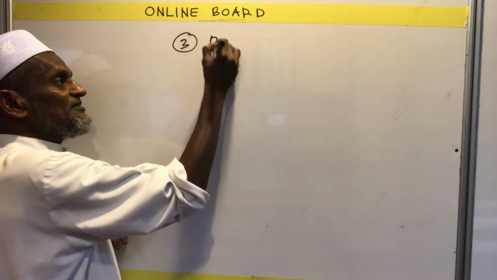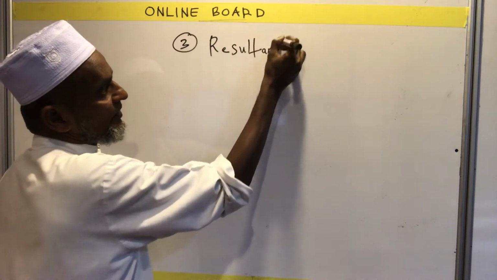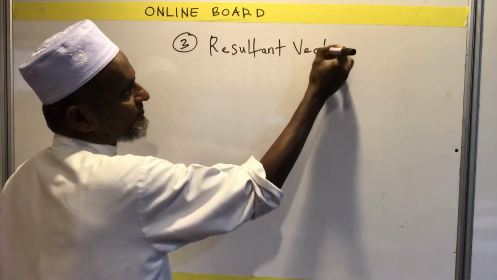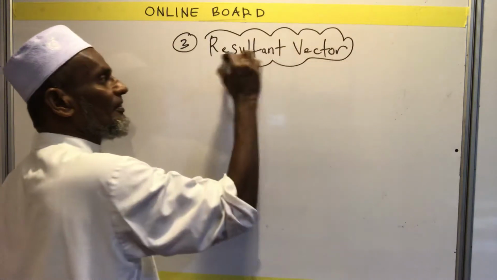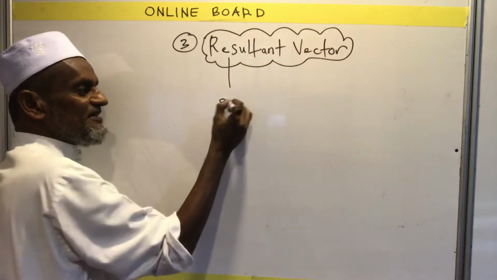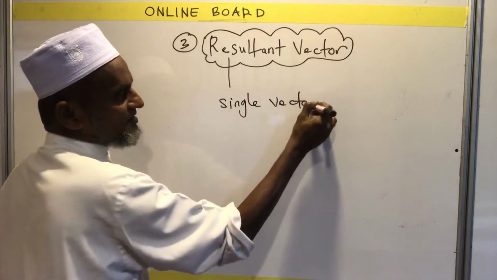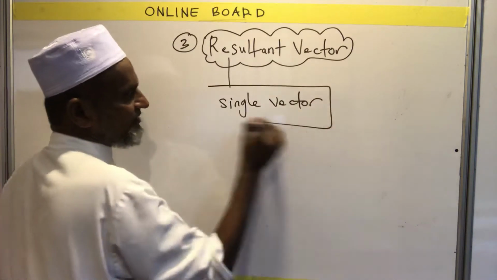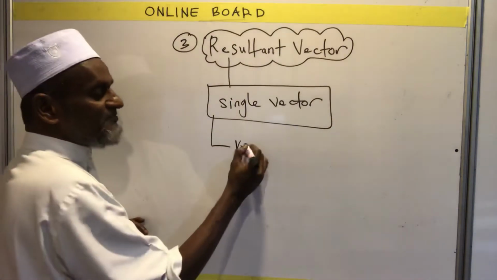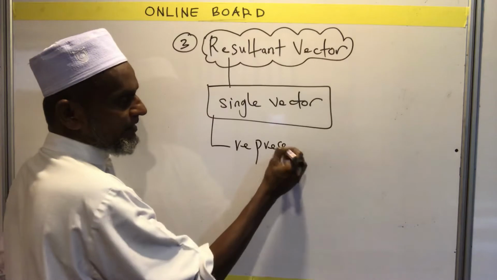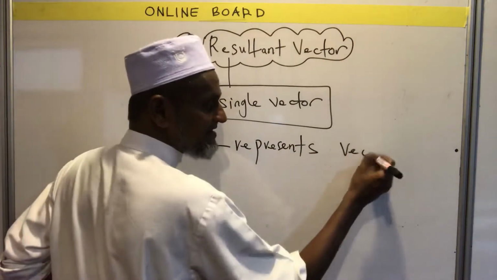Now is resultant vector. A resultant vector is a single vector, one vector that represents the vector sum of two or more vectors.